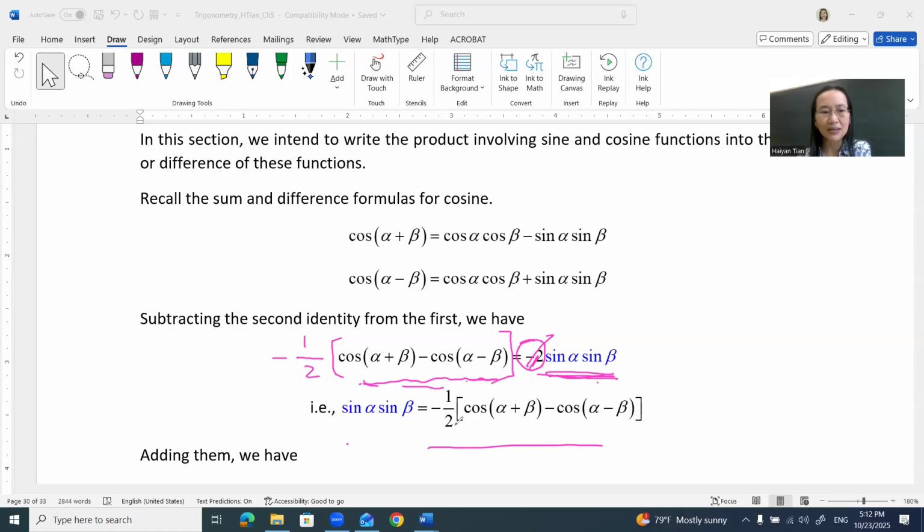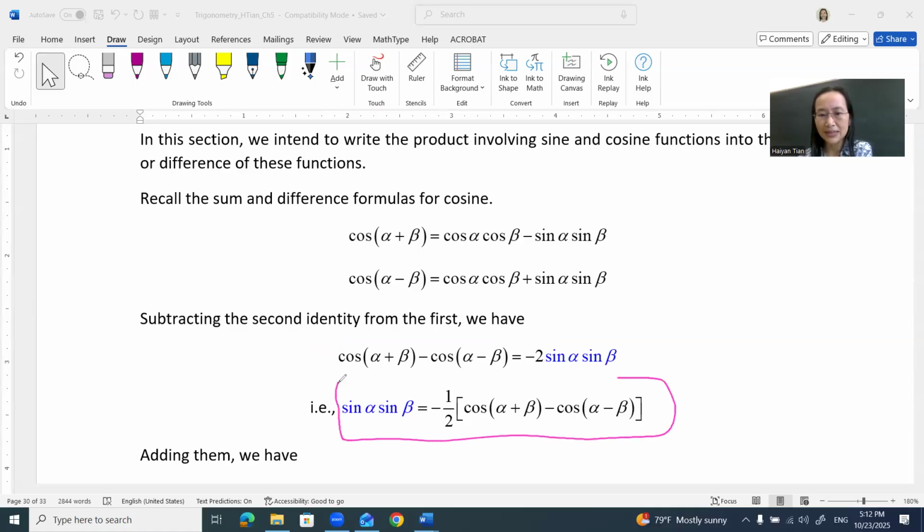So that is the formula we now have. It is a product to sum formula. You see, the product of two sine functions can be written as difference of some cosine functions. Yeah, this is our first product to sum formula. And you can remember it.